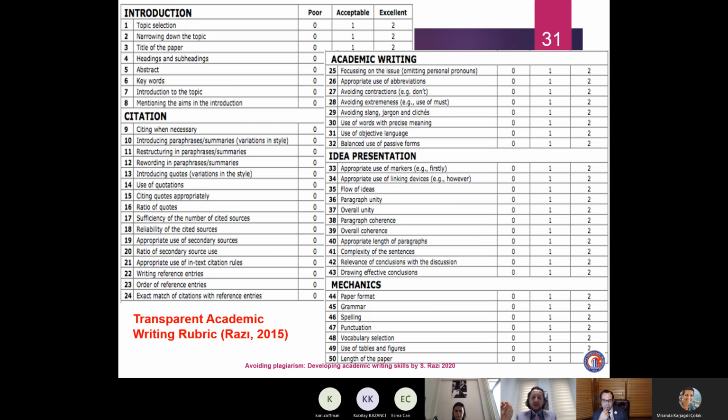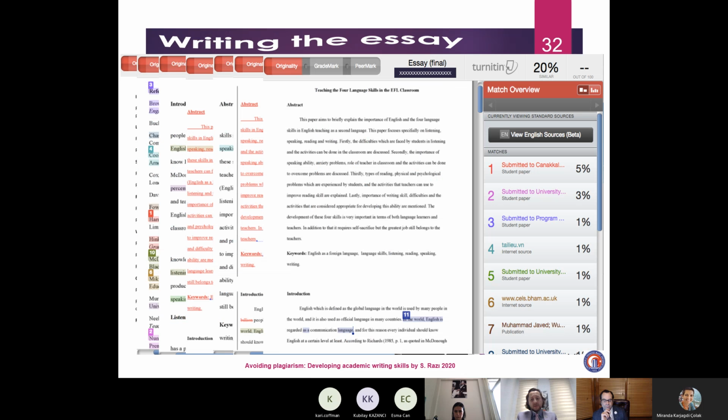However, if there are regular, systematic errors, for example, you don't pay attention to subject-verb agreement, here is the example. Please pay attention to this. So I expect my students to provide such feedback, with at least one example, when they exchange peer feedback.